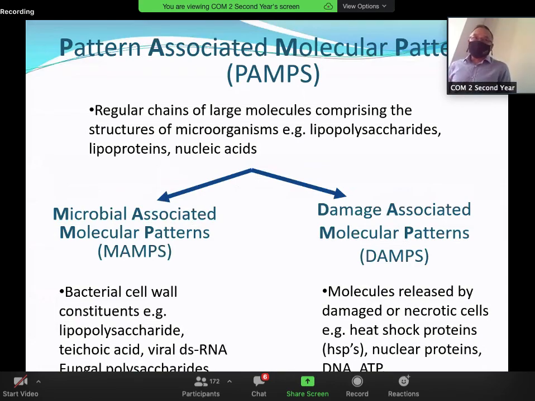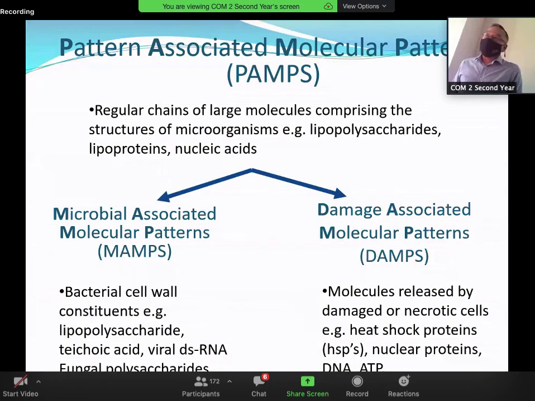These are the antigens which are recognized by cells of the innate immune system. They're called patterns because these particular molecules, which are recognized by these receptors, consist of repeat units of complex lipids and sugars.